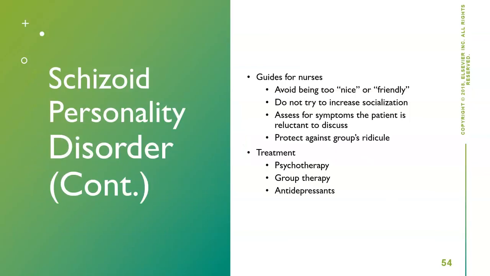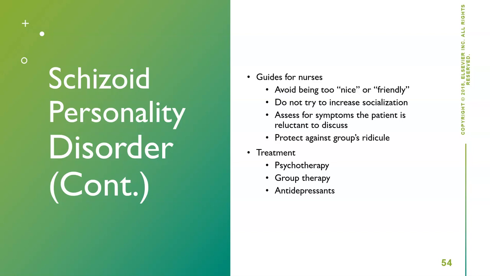So when we consider what we have to do as nurses for these patients, again, we don't want to be too nice or too friendly. They are uncomfortable with those social aspects. Group therapy could be helpful. However, again, this might be the silent individual. We might have to be mindful of how everyone is interacting in the group, if people are making fun of them.